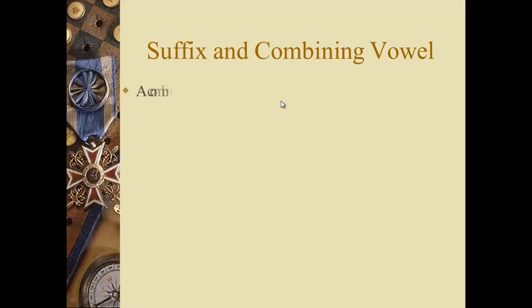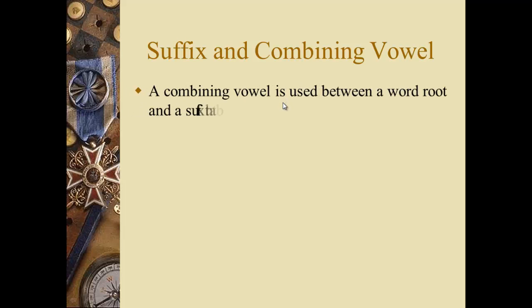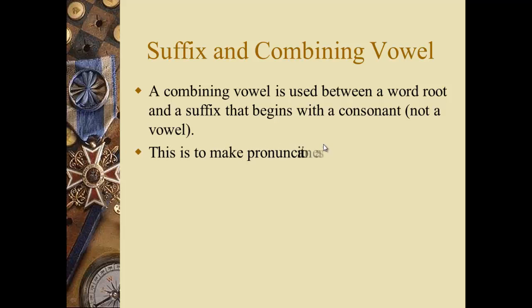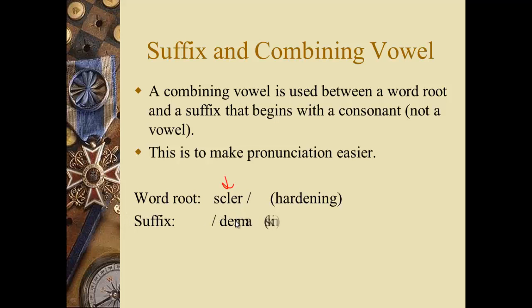We can also have combining vowels with suffixes. So a combining vowel is used between a word root and a suffix that begins with a consonant, but not a vowel. This makes pronunciation easier. So let's take a look at something that would require a combining vowel. The word root here is sclero, which happens to mean hardening. Our suffix is going to be derm or derma, which is skin.